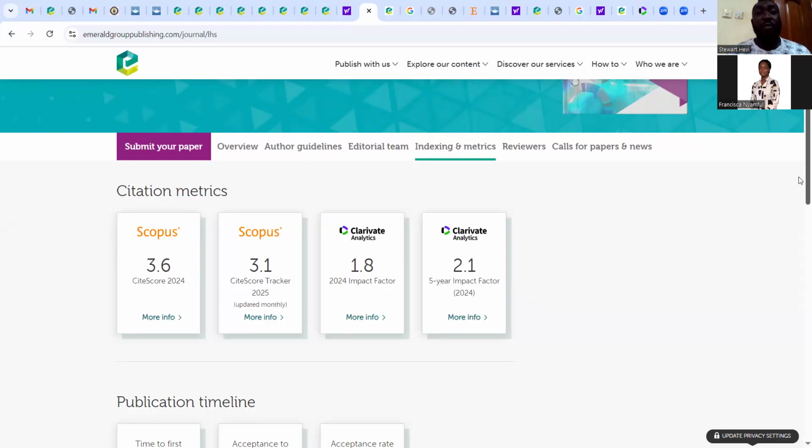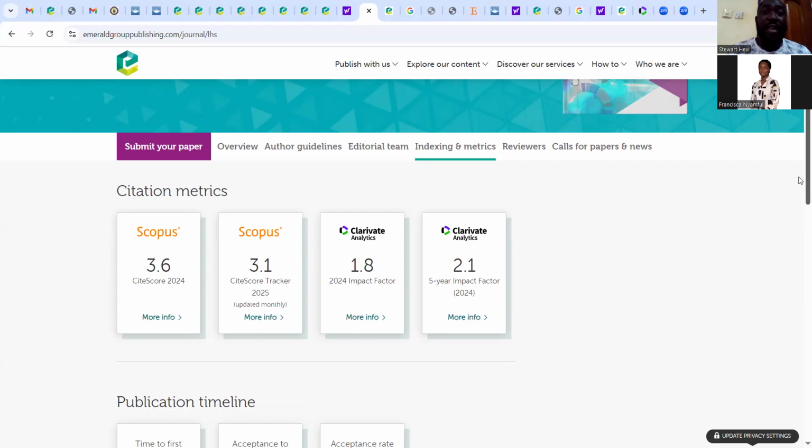For Web of Science, it is also telling us that in 2024 the impact factor is 1.8. And for the 5-year impact factor, they have aggregated their impact over the last 5 years, and it is 2.1.